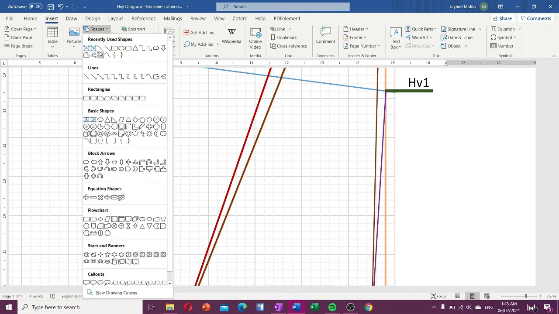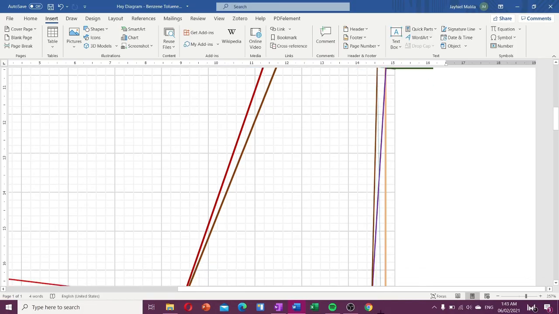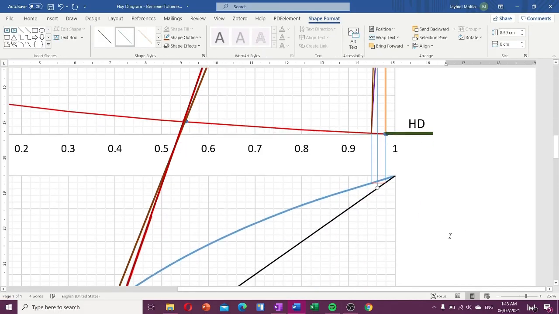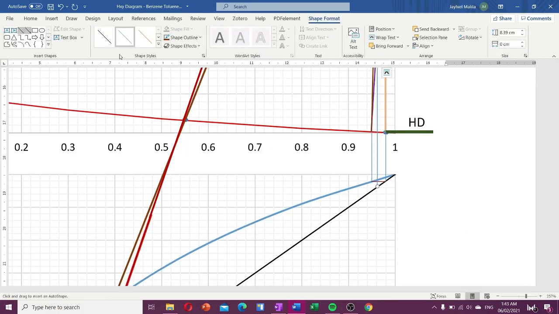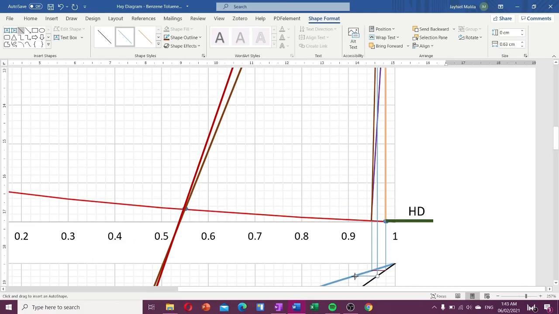Extend, go down the vertical line. Use shift, or if in actual setting you don't use shift, just use a ruler. Then this one over here, and then extend. So vertical, horizontal, touch the equilibrium curve, and then go up.